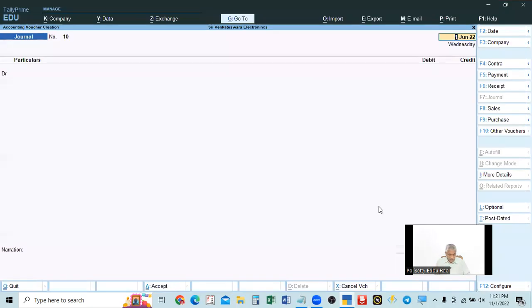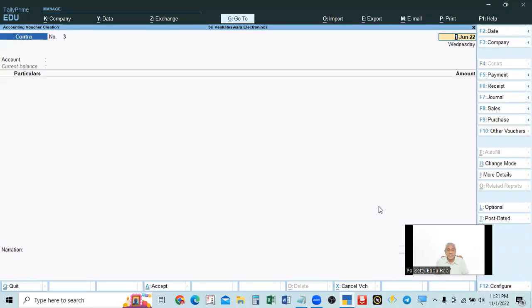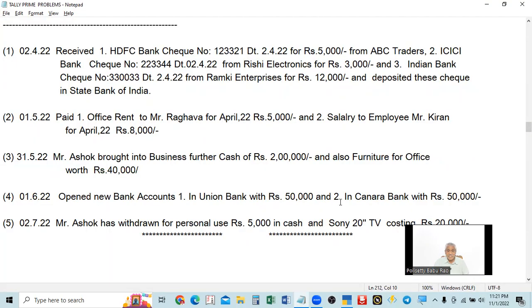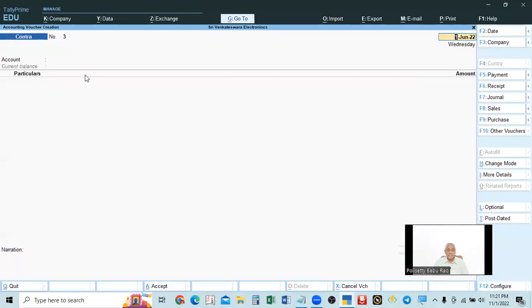So now I have to take F4 contra voucher. In this contra voucher, I told you single entry mode or double entry mode. In the case of single entry mode, when withdrawal is made from the bank, when the cash is withdrawn from bank, on the upper part, account column, we have to enter cash, and below the particulars, we have to enter the bank account.